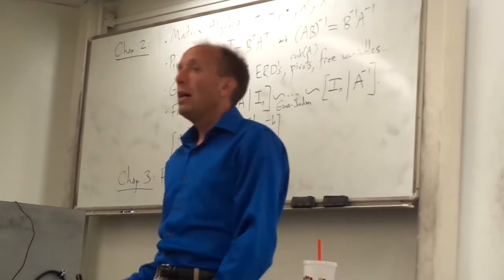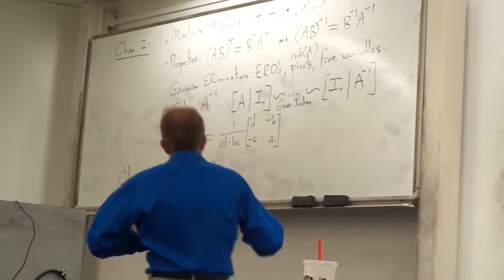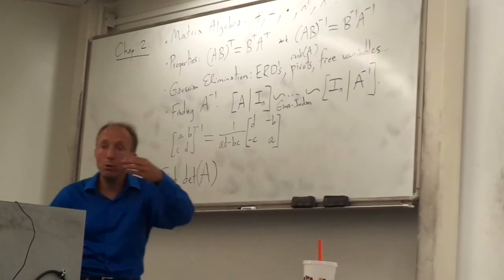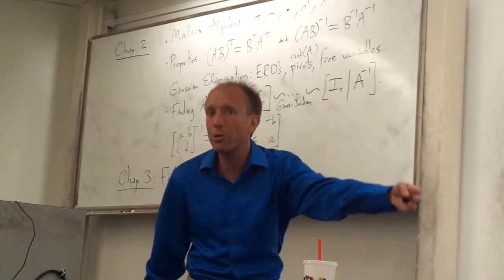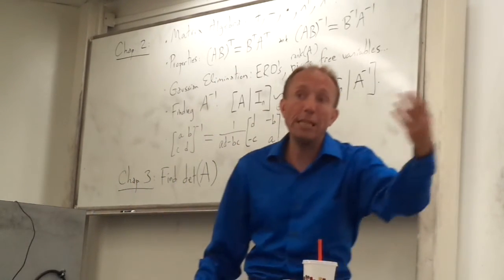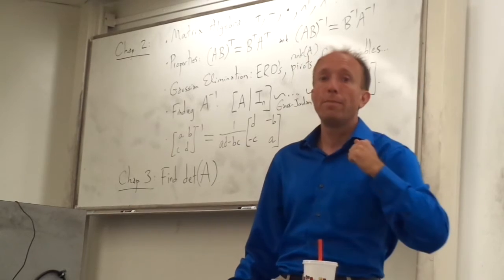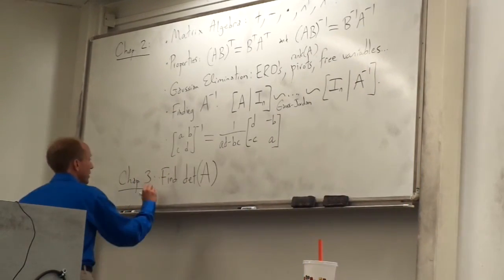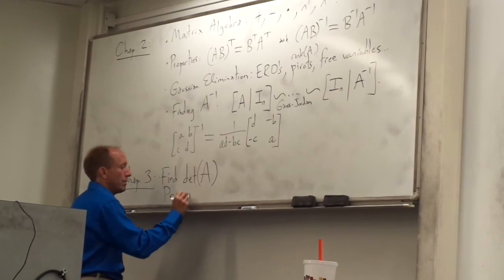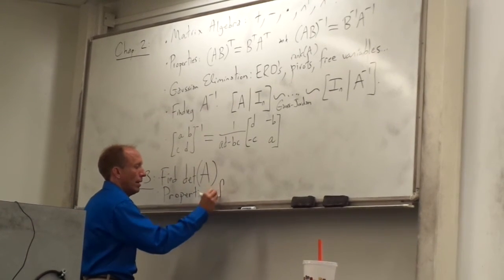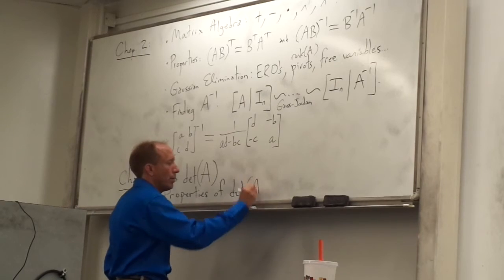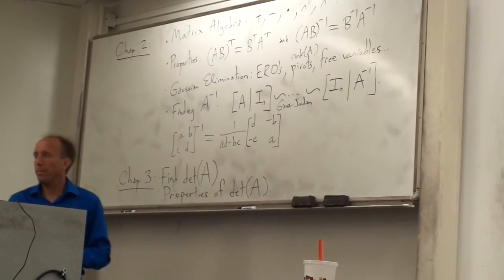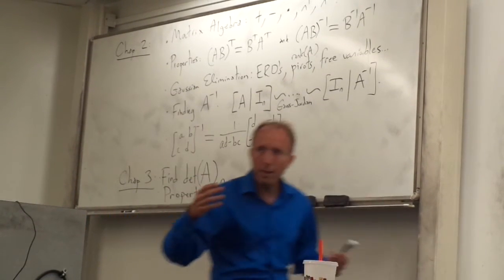So it's easy. You just have to remember how the EROs that you used to make the matrix upper triangular affect the determinant. So I'll call that properties of the determinant of the matrix. What am I talking about there?